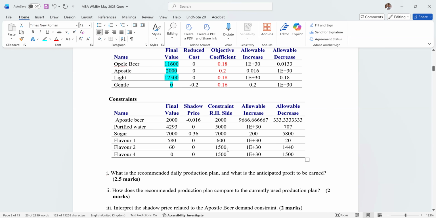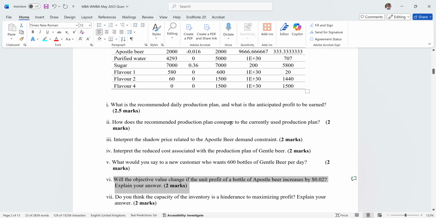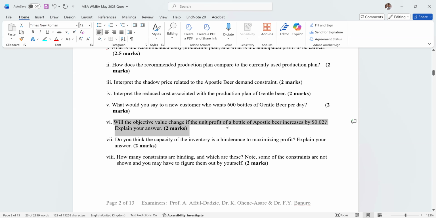Why is that? It's not in the constraints here. So the question is, do you think it's a hindrance?